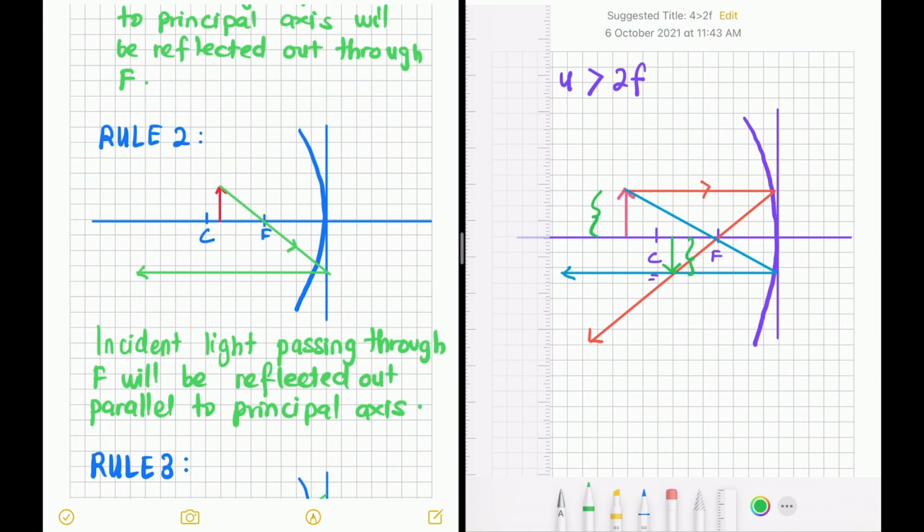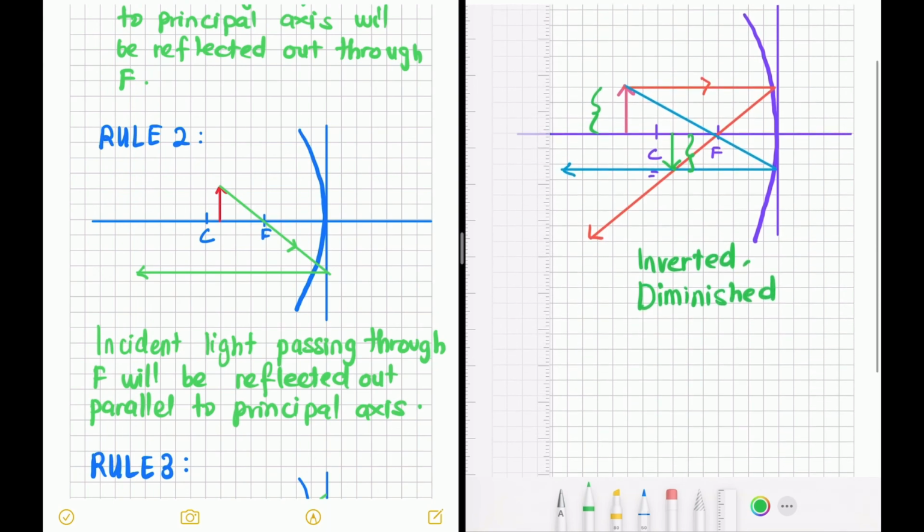So you can write down the characteristics of the image formed. The image is inverted and smaller in size than the object, or we can say the image is diminished, and it is formed by real rays. So this image is a real image. So that's it.